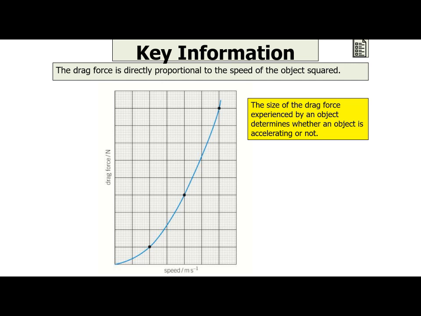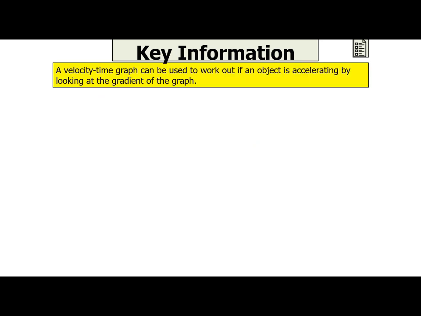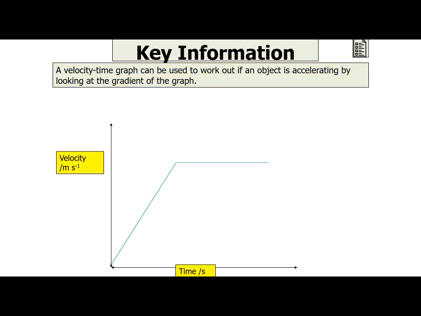Now the size of the drag force experienced by an object determines whether an object is accelerating or not. Now a velocity time graph can be used to work out if an object is accelerating by looking at the gradient of the graph. So here we have an example of a velocity time graph, with one area showing a straight line and the other area showing a flat line.